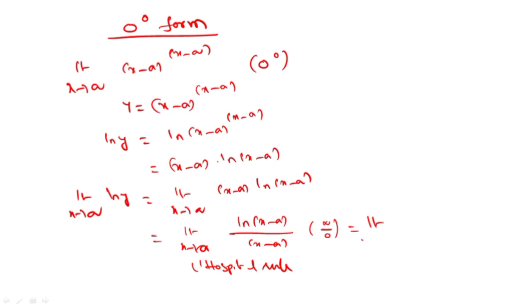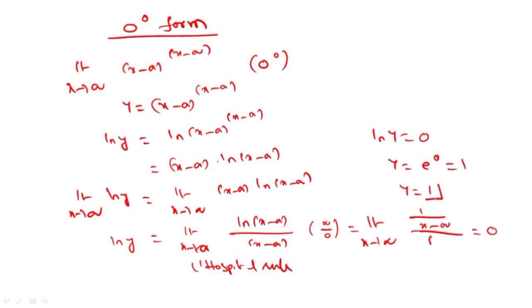The derivative of ln is 1 by (x minus a) and the derivative of 1 by (x minus a) is minus 1 by (x minus a) square. So the limit is 0. So limit of ln y is 0, y equal to e power 0, that will be 1. So the limit of this one is 1, okay.